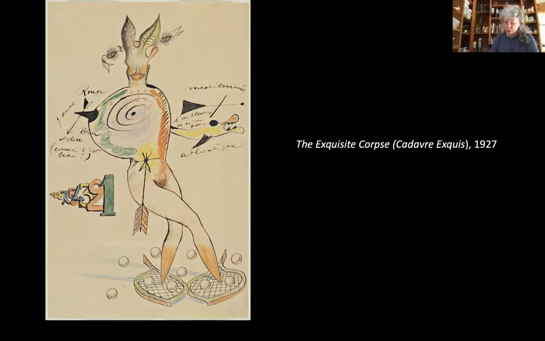And then the third person draws the top part of the leg, maybe. And this is where the third person gets to decide the gender of the person in the picture. I'm going to make mine a lady. But you can make it whatever you want.